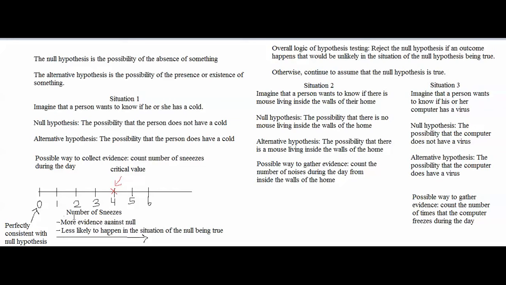So the number of sneezes is my evidence. It's the evidence I'm recording. And that value is called the test statistic. So in this example, the test statistic is the number of times that I sneeze.